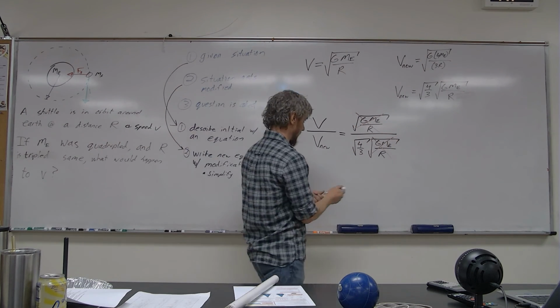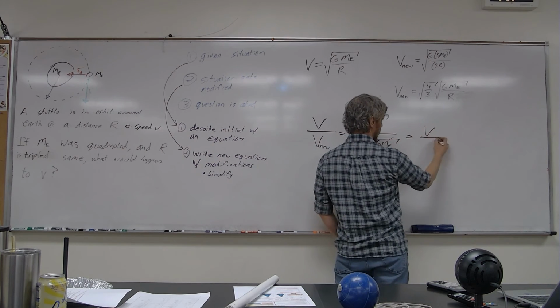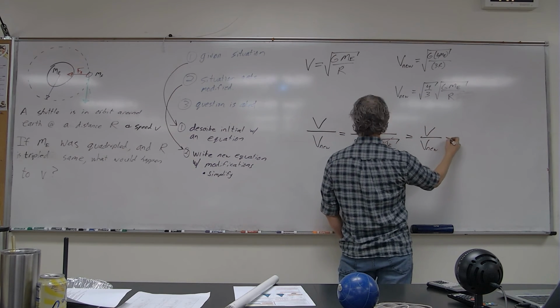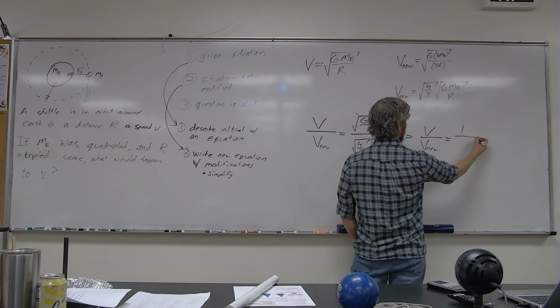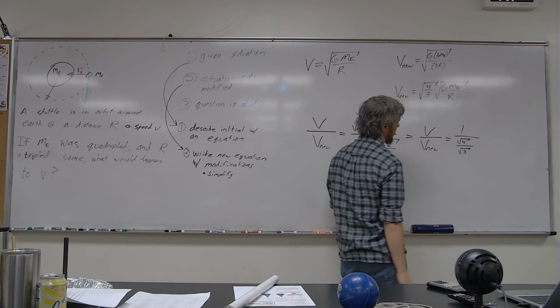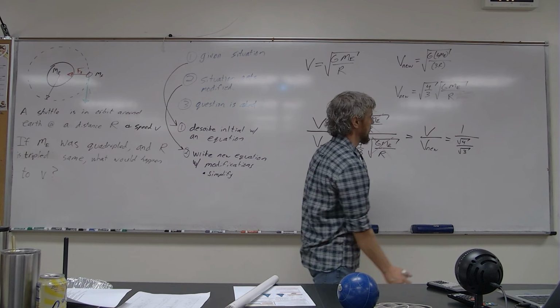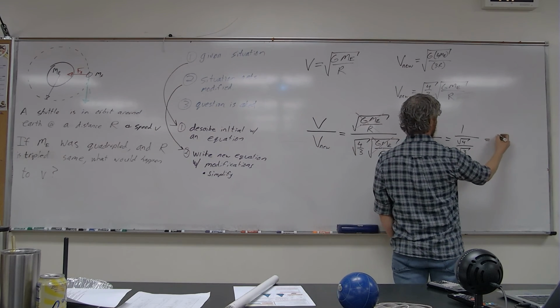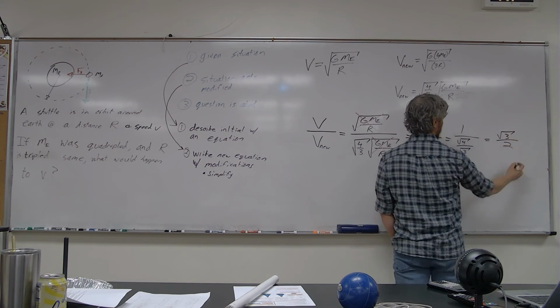And so V over V new, the ratio of the speeds, is going to simply be 1 over the square root of 4 thirds. I'm going to write it like this so my brain can handle it. That will then be the square root of 3 over 2, right?